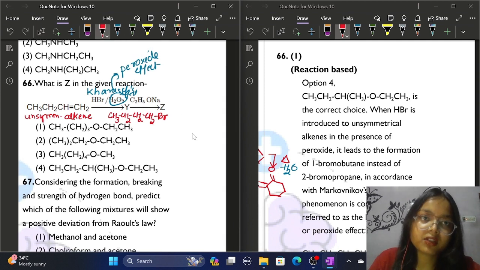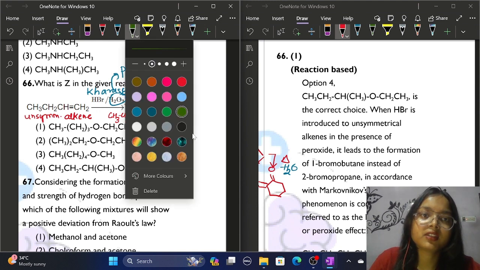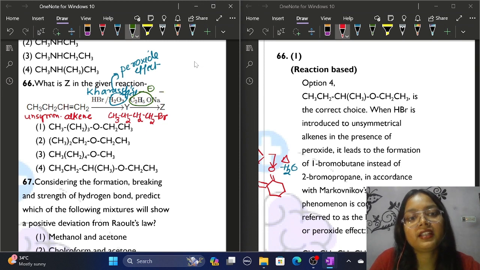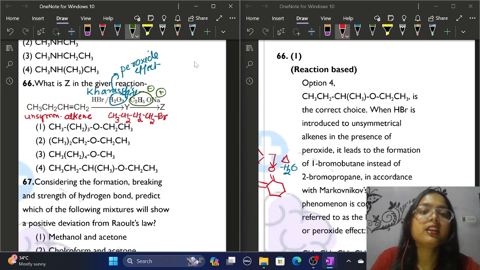So what will happen here? C2H5O will have negative polarity and this carbon will have positive polarity. So the C2H5O minus will attack here and the bromine will get removed. So what will be the product?